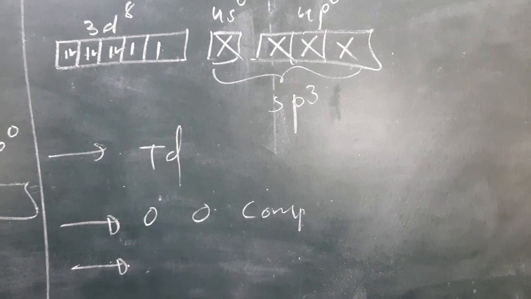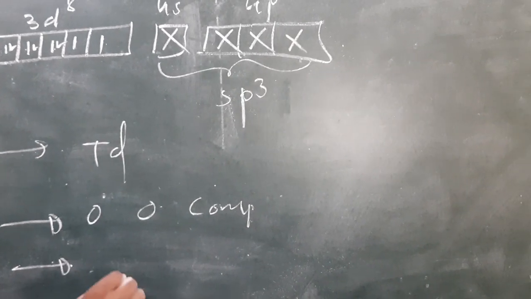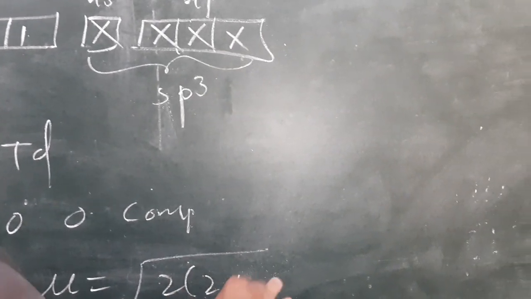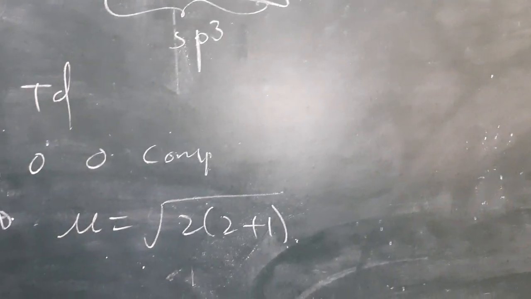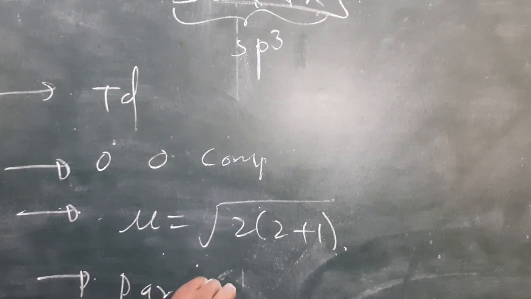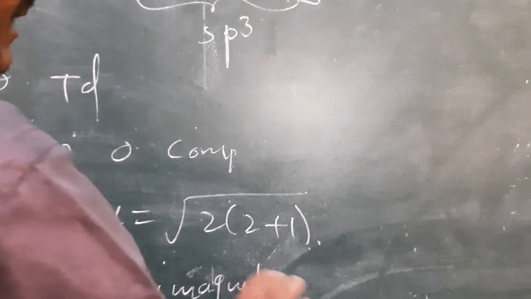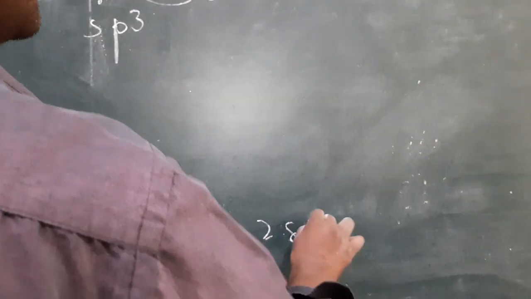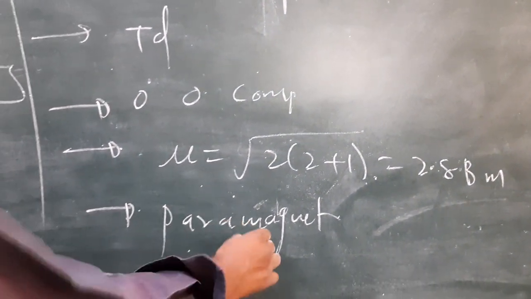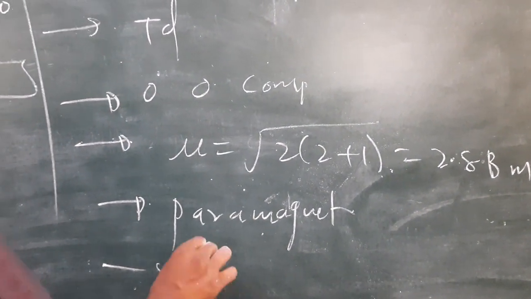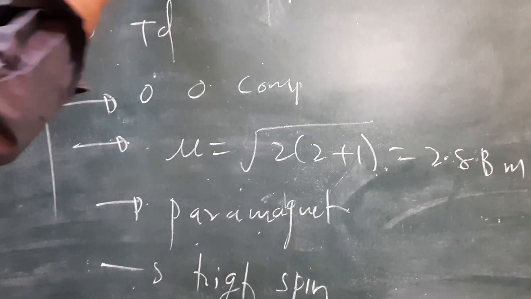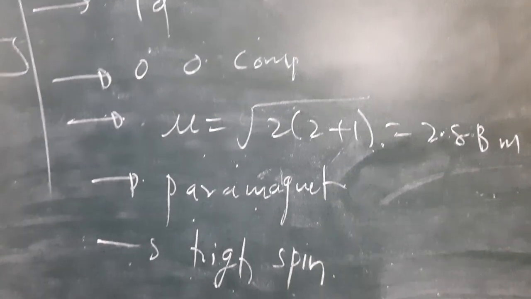Here there are 2 unpaired electrons, so mu equals root of 2 into 2 plus 1, which is 2.83 BM, Bohr magnetons. This is a paramagnetic substance, and also a high spin complex, because 2 unpaired electrons are there.